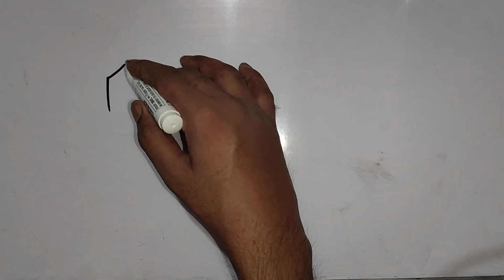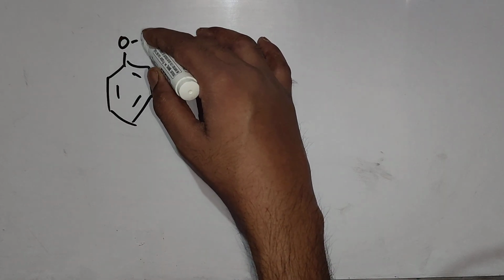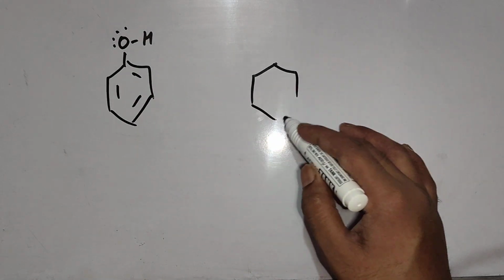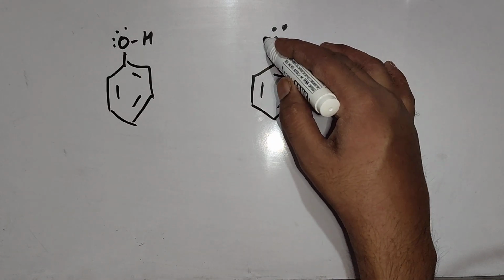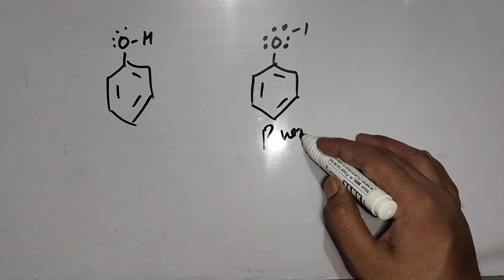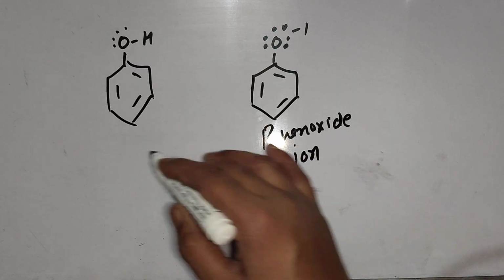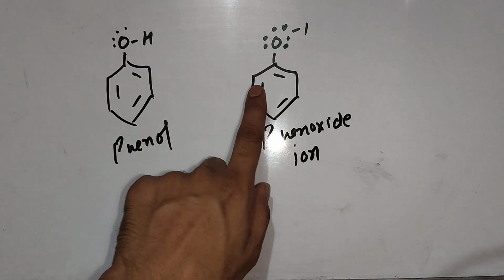To understand this concept, first we need to answer this question. This is phenol and this is phenoxide ion. We know how phenol can create phenoxide ion.